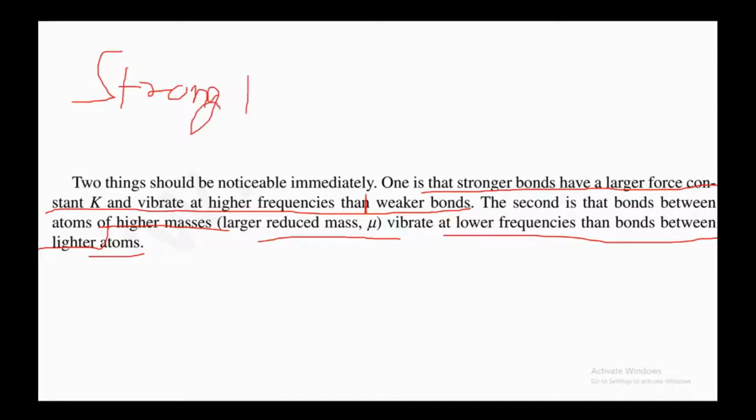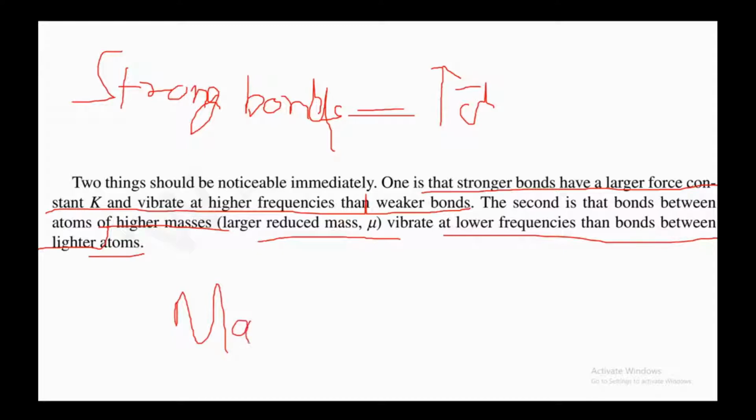So strong bonds will have a larger force constant K and vibrate at higher frequency. But the second is that for bonds between atoms of higher masses, if the mass is high, like 100, 200, they vibrate at lower frequency, the frequency will be lower. That is important.